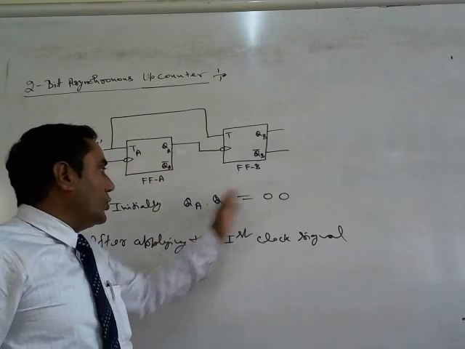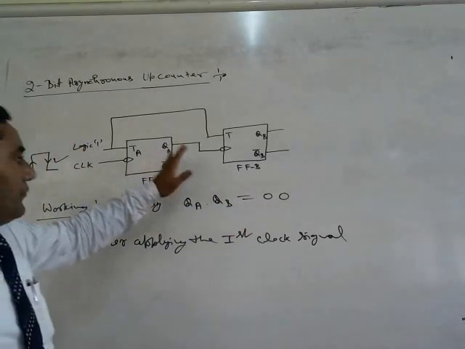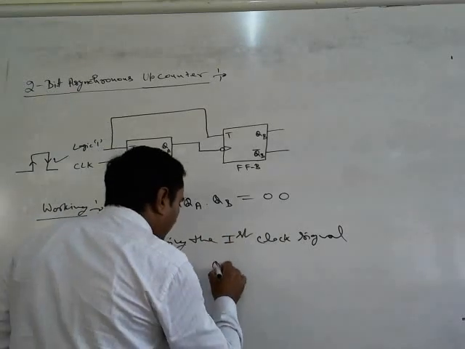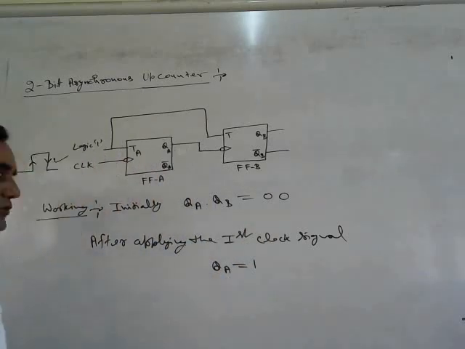Initially its output was 0, QA equals to 0. Now it will be 1. So after the first clock pulse, QA equals to 1.